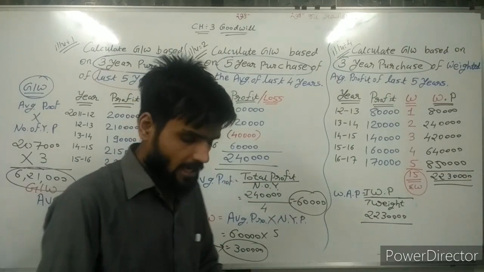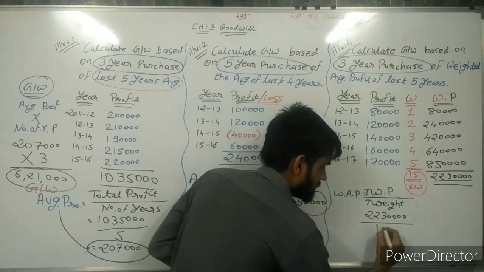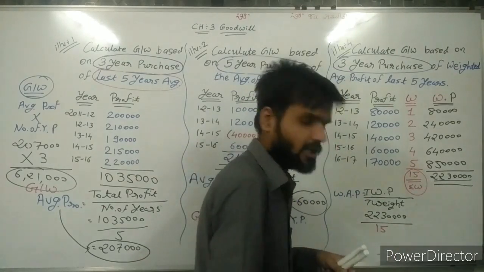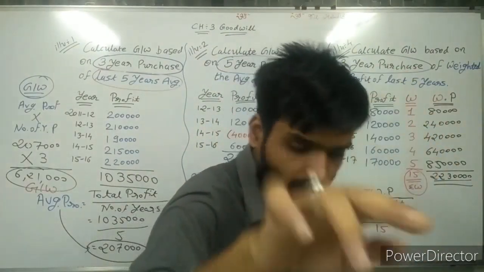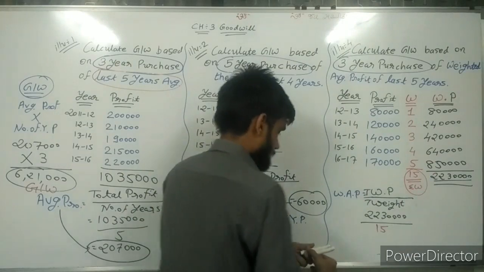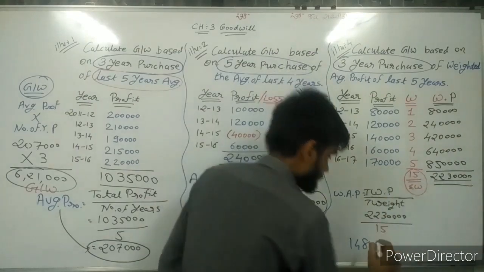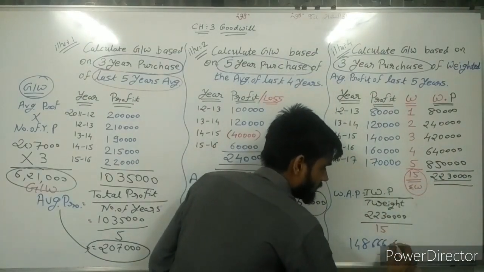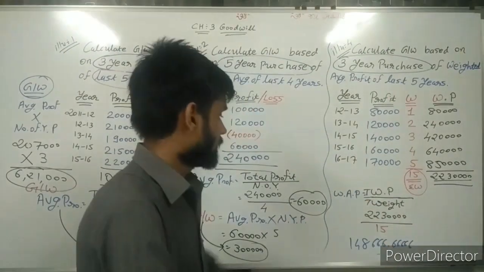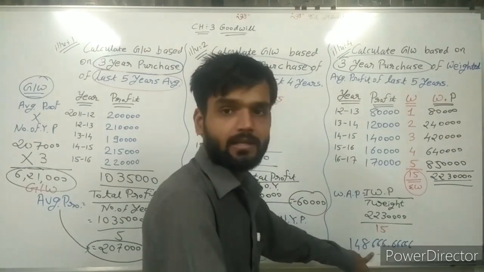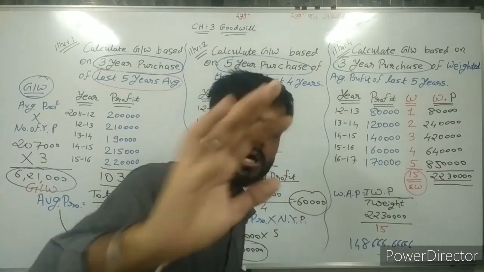Total weight is 15. So 22,30,000 divided by 15 on the calculator, the answer is 1,48,666.666666 continuing. 1,48,666 will be your answer.